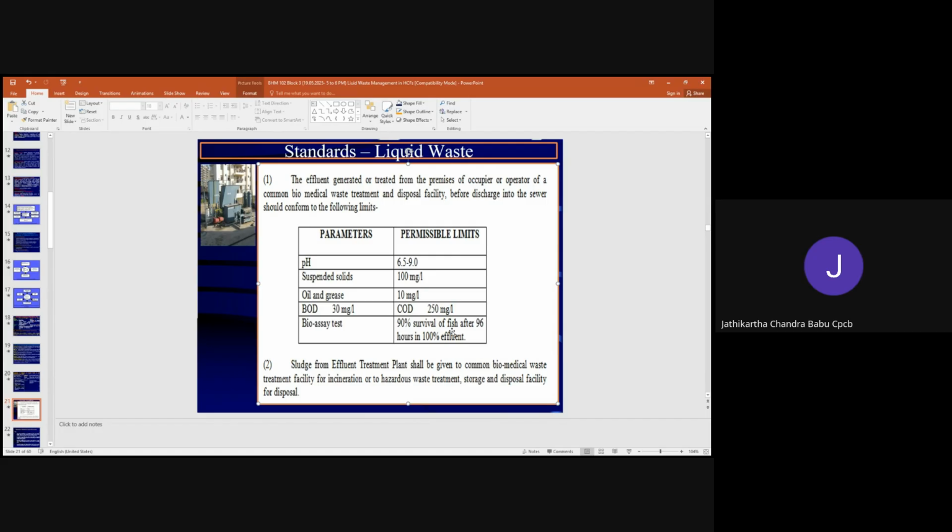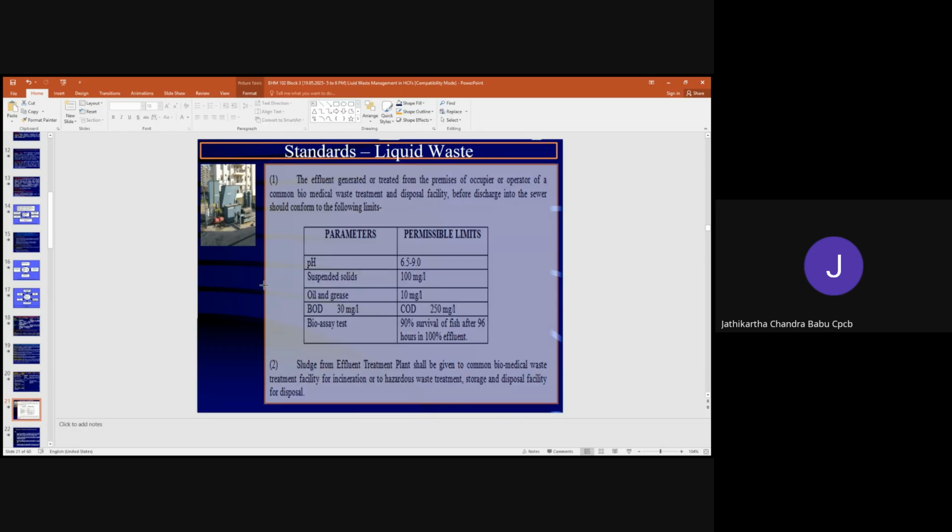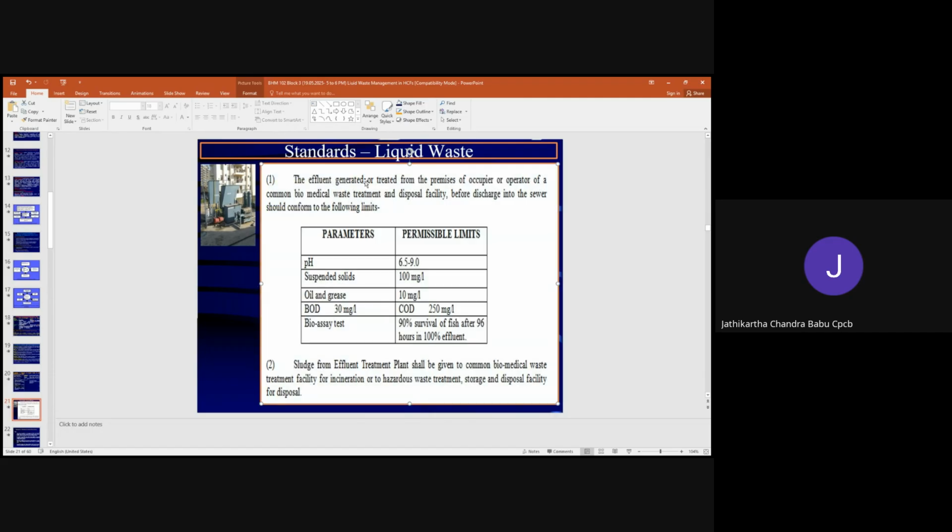It means if you take 5 liters of water and leave a known number of fish in it for 96 hours, let us say 10 fish in 5 liters of wastewater collected from the hospitals, if only one fish dies and the remaining 9 fish are alive even after 96 hours, then it has passed the bioassay test. Otherwise, it does not pass the bioassay test. Therefore, without any treatment, the liquid waste generated from hospitals cannot pass this bioassay definitely.